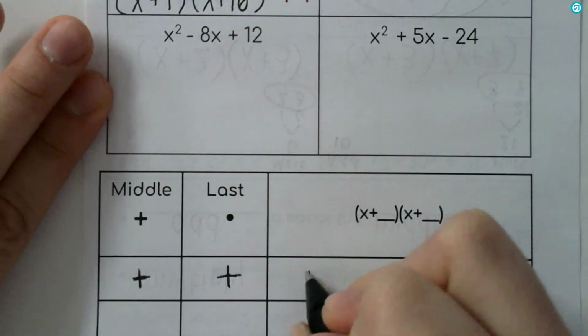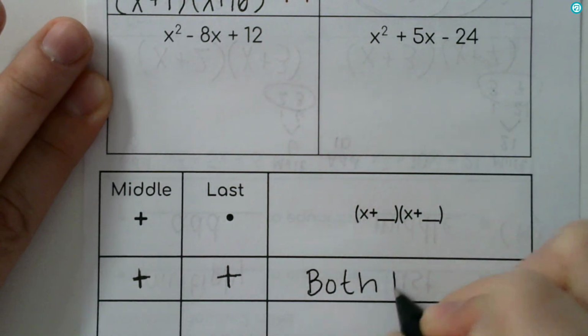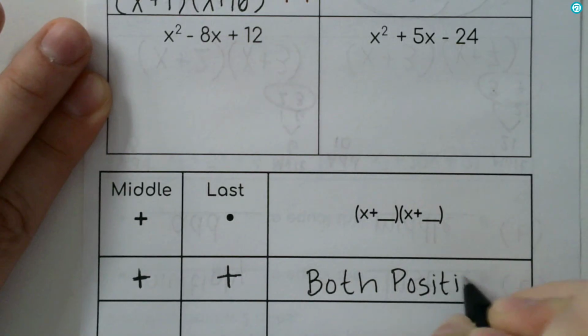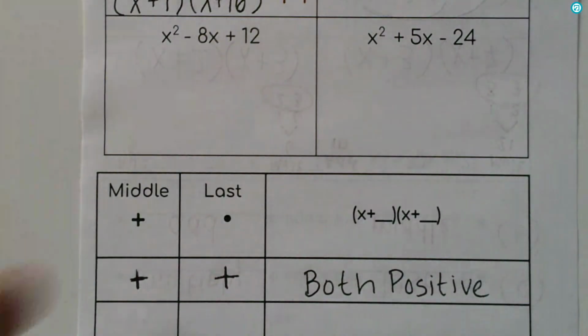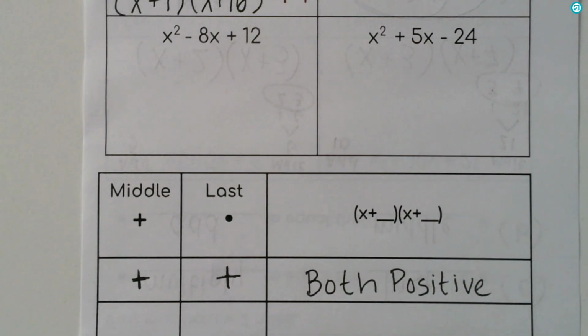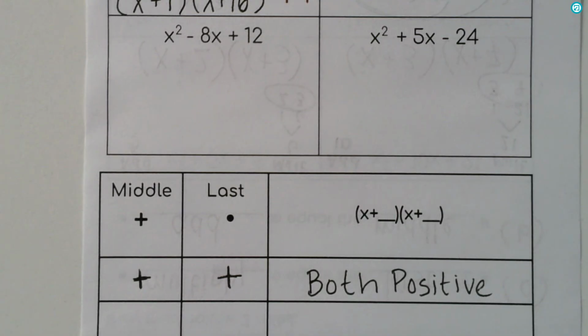Positive. So you are going to pick 2 numbers that are both positive. Okay? So that's your first row of the table. Is that if you're trying to add to be positive and multiply to be positive, everything's going to be positive. It's just positives all around. Okay, questions?